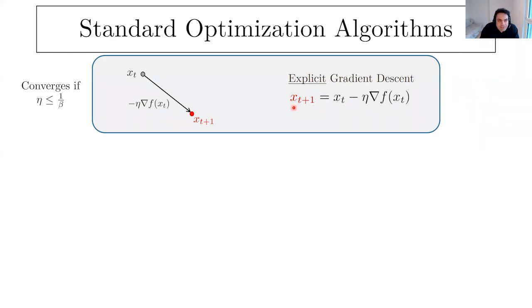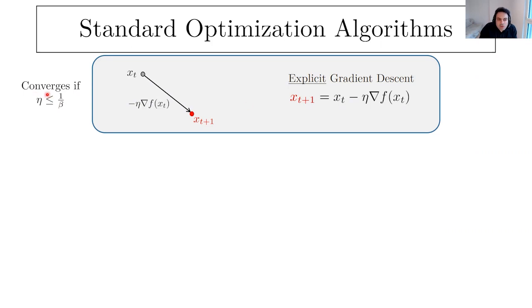And we know that under certain conditions, in particular for convex functions, if the step size is sufficiently small, in particular 1 over the Lipschitz constant of the gradient, which is known as the smoothness parameter, this algorithm globally converges to the optimizer that we are interested in.